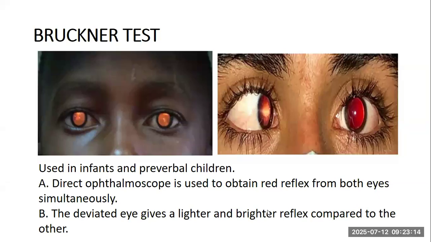But if you are seeing an eye that has a brighter and clearer red reflex than what you perceive to be normal, you know that there's either a gross reduction in vision in that eye or the eye is deviating. So it's a simple and easy test to do for preverbal children who are usually not cooperative.